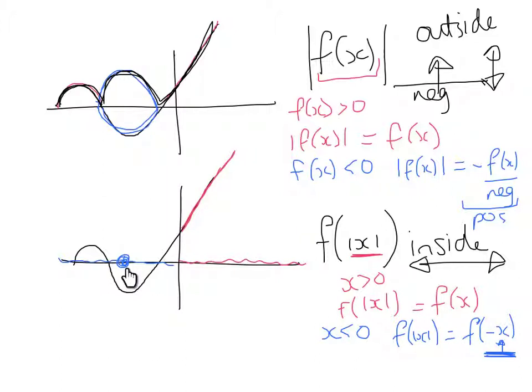I'm not doing f to that. I don't care about this information here. I don't care that the function f takes this blue dot and does this to it, because before I do f, I'm going to change x to be positive. So I'm going to go ping over here. Then I get my positive x, I change it to positive, then I see what the graph does.